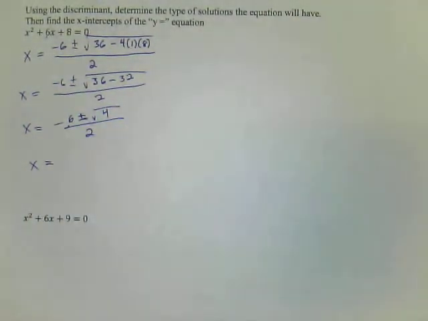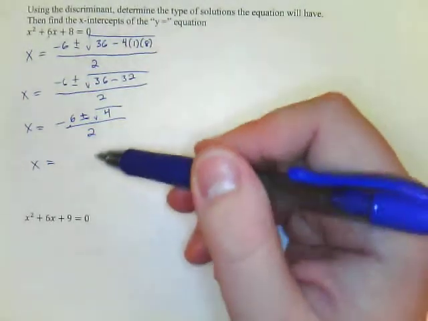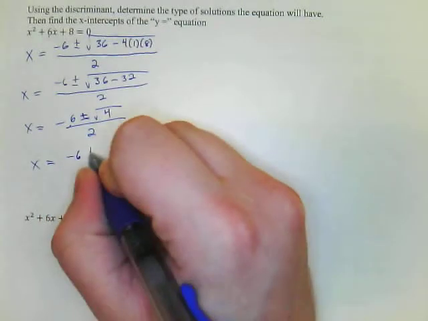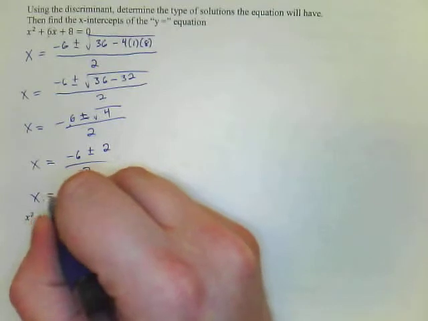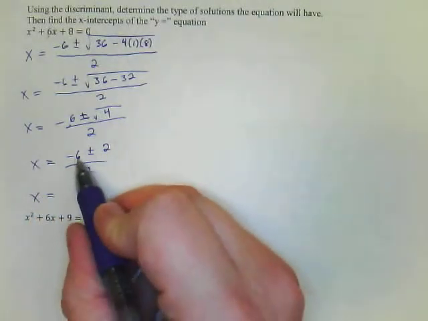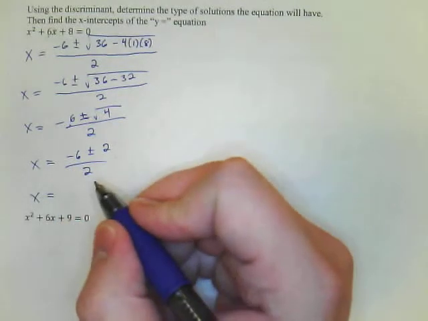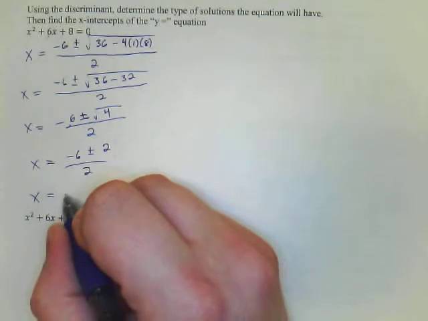Alright, so you can see the number underneath the square root is 4. So in this case we can just take the square root of 4, that's fine, no problem. Negative 6 plus or minus 2 over 2. And so the two solutions we get, one is negative 6 plus 2 over 2.